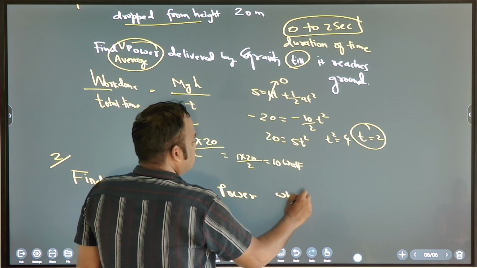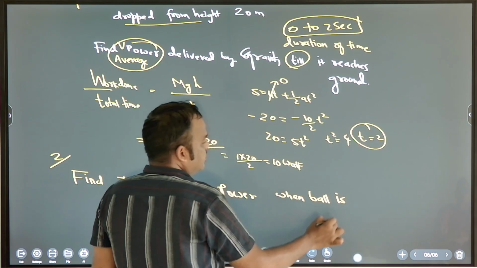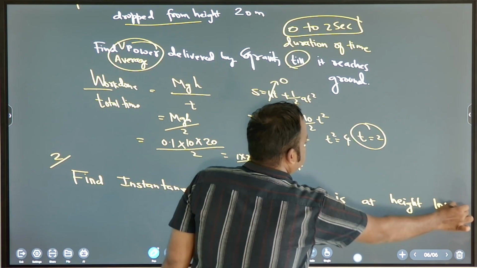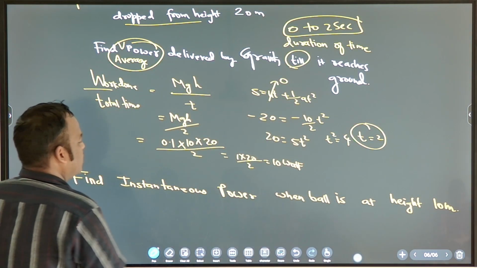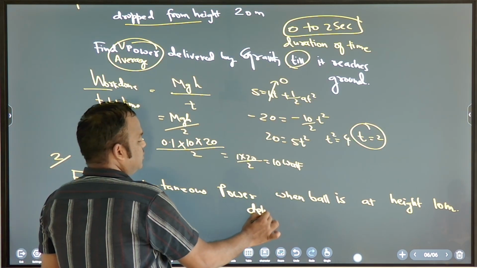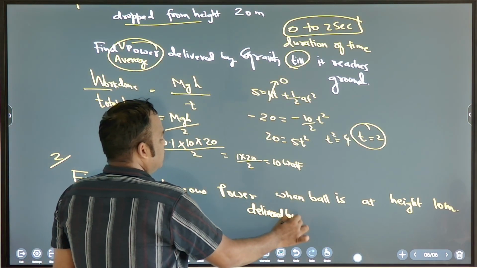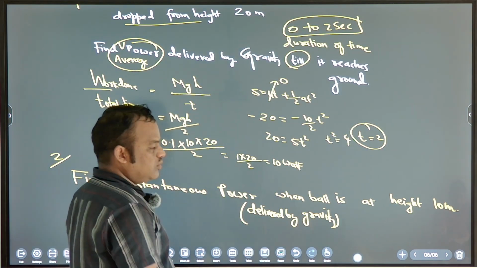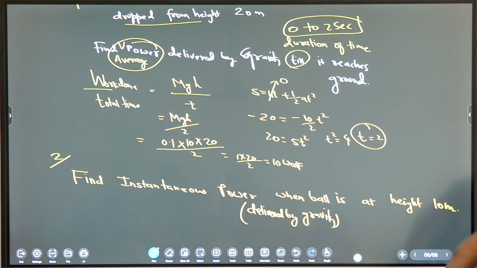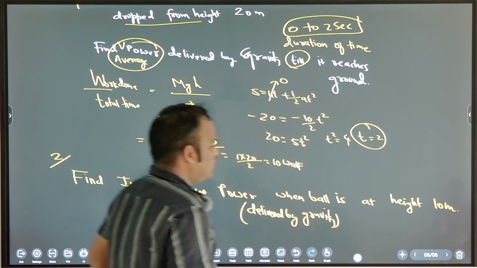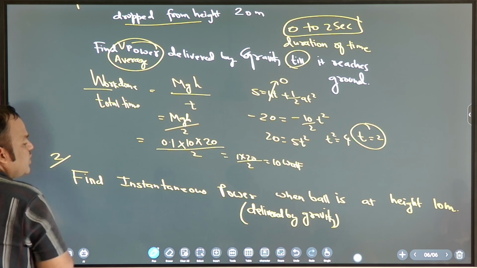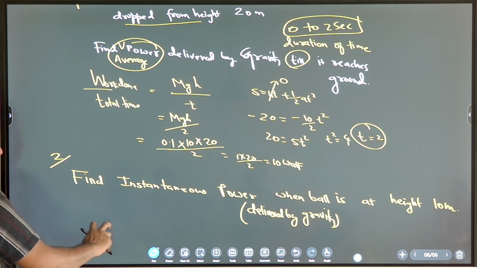When the ball is at a height of 10 meter, find the instantaneous power delivered by gravity, because the stone is going down because of gravity.